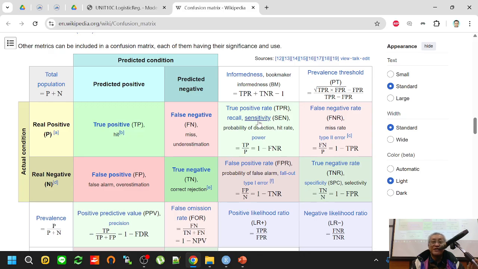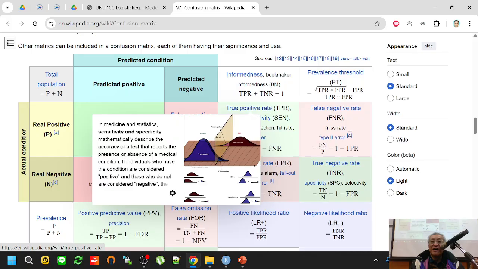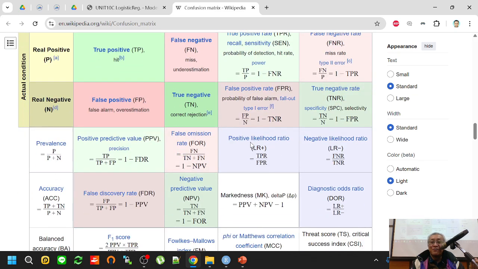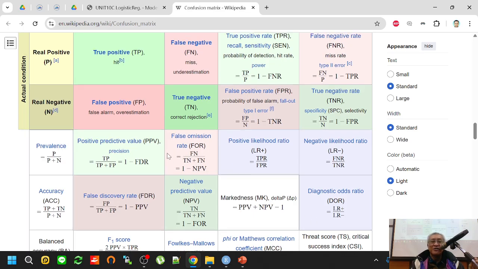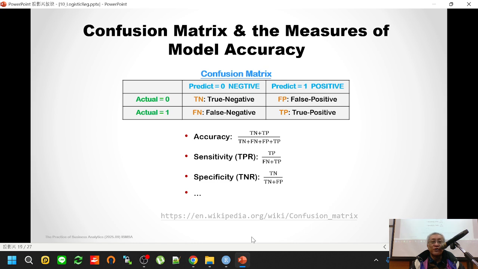For example, here is sensibility, which is also called recall, also called true positive rate. We can define false negative rate, positive likelihood ratio. Out of all these 4 numbers, we can define a lot of things. But in this course, I think we only take care of accuracy, sensibility, and specificity. That's it.